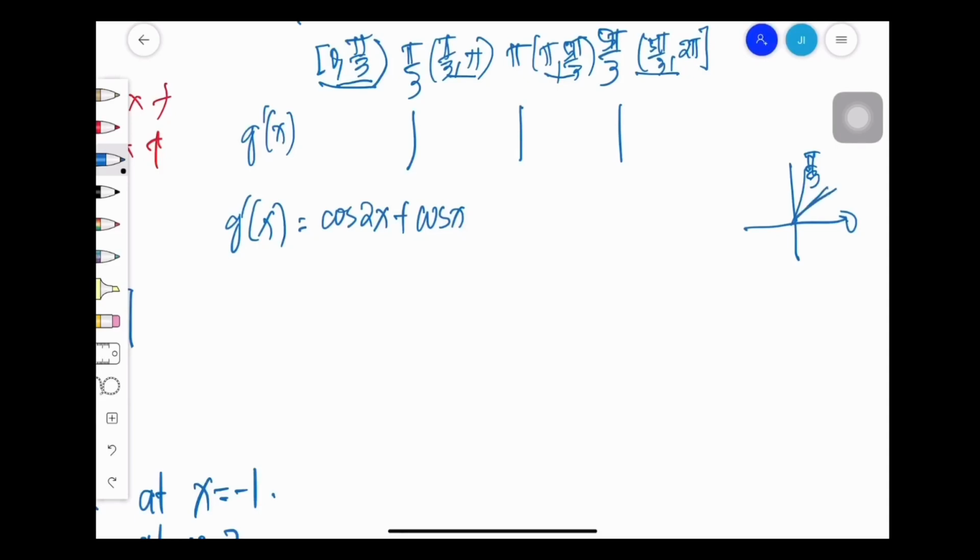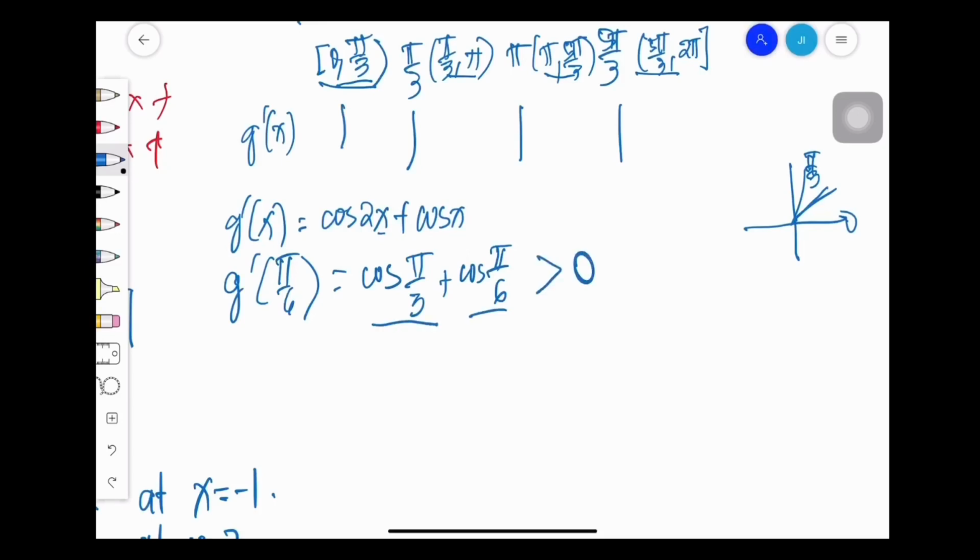So g prime of pi over 6 is cosine of 2 times pi over 6, which is pi over 3, plus cosine of pi over 6. Cosine of pi over 3 is positive and cosine of pi over 6 is positive. They are 1/2 and square root of 3 over 2, meaning this is positive. Meaning at this interval, this is positive.